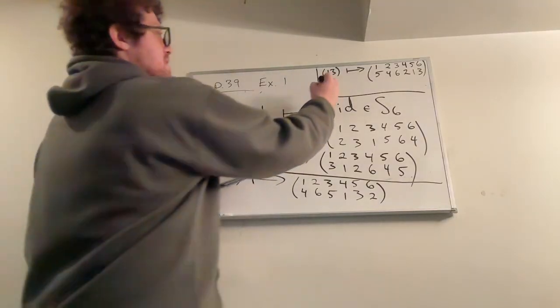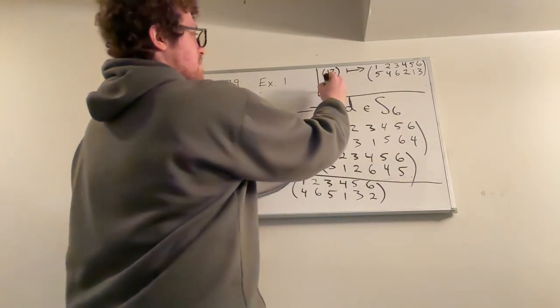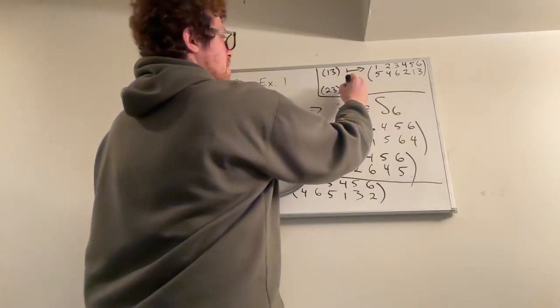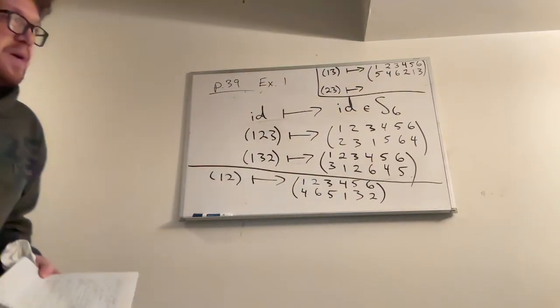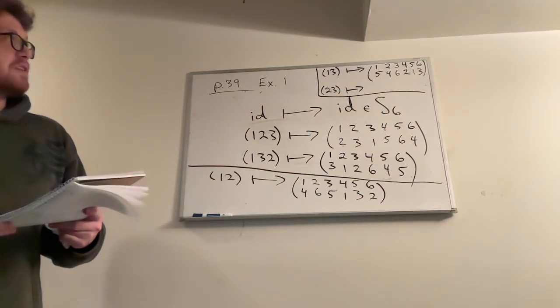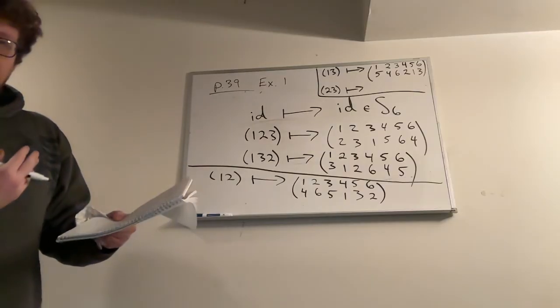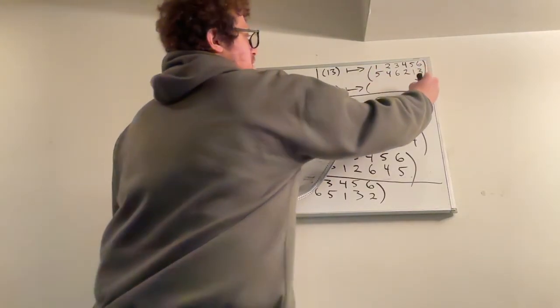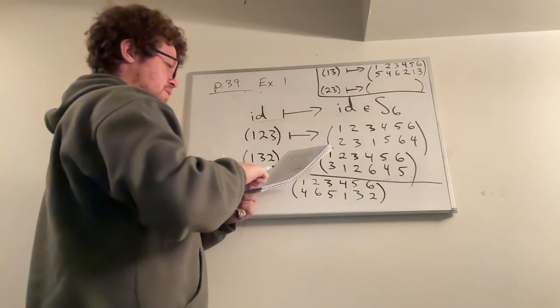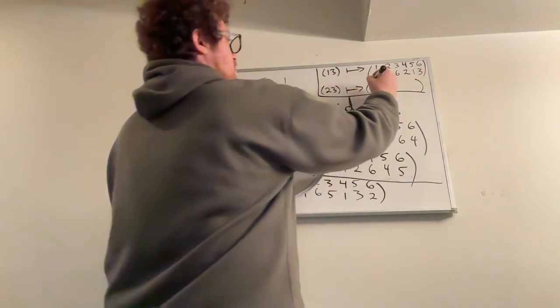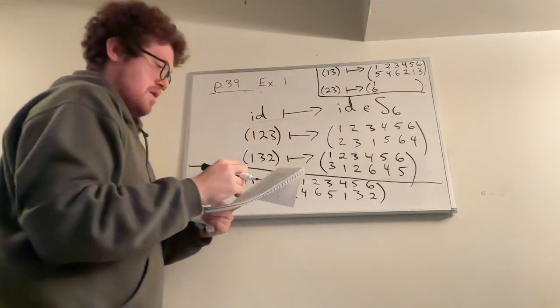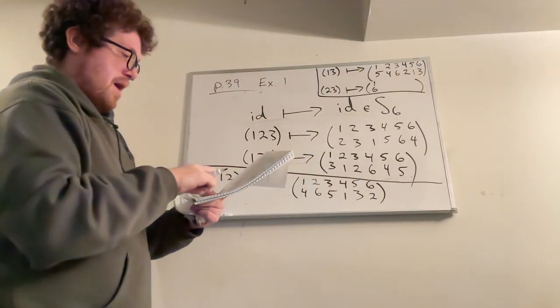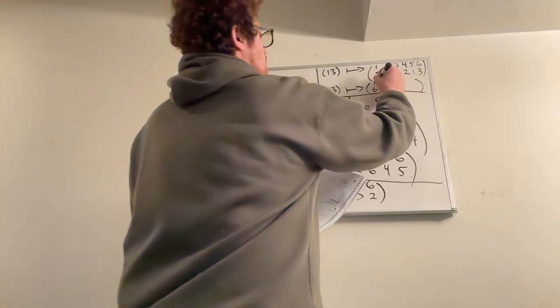And then the last one, sorry for the lack of space on the board, but we'll go over this in a second. So the last one, 2 3, multiplying on the left by this transposition 2 3 gives us this transposition of the elements, which maps the first one to the last one, so 1 to 6. The second one maps to the fifth element.